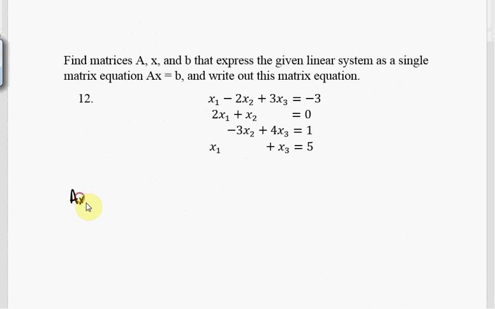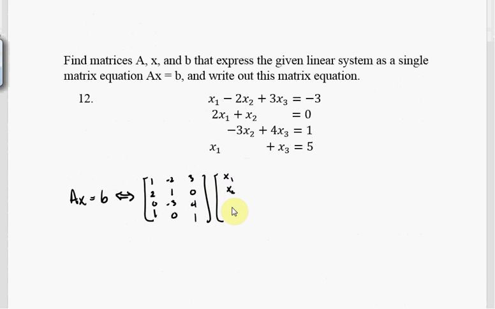So we say AX equal to B. The matrix A would be 1, 2, 0, 1, negative 2, 1, negative 3, 0, 3, 0, 4, 1. And then the matrix X is x sub 1, x sub 2, x sub 3.